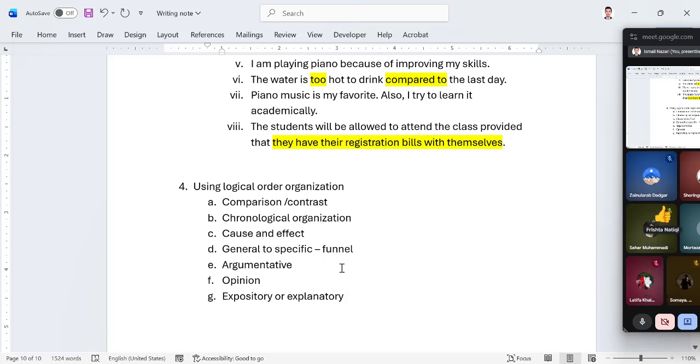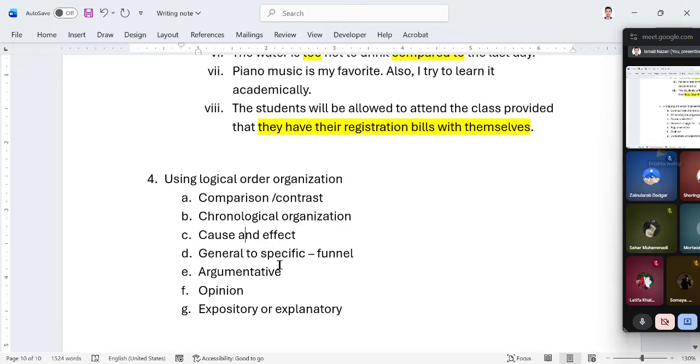Besides that, we have some other ones, but they're the most important of them. When we reach the kinds of essays, each of them will be one kind of essay, and we will study them if we have time. So comparison, contrast, chronological, cause and effect, general to specific, argumentative, opinion, and the final is expository or explanatory.